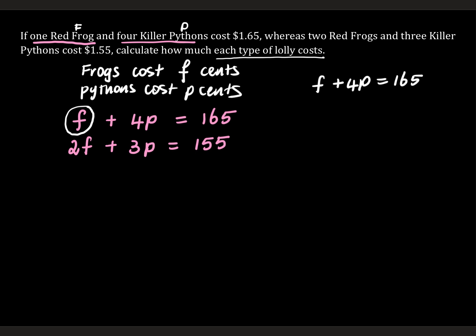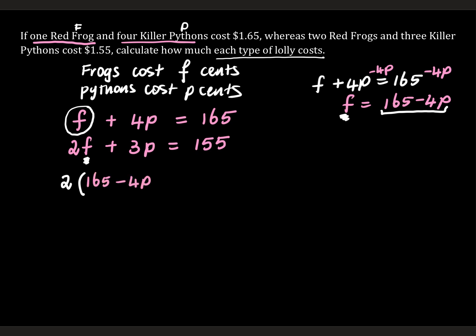I'm going to rearrange this so I can do substitution, I think. So F equals 165, take away 4P. That's what F equals. Can you see that? I can put it into there. Substitution, 2 lots of F, which is 2 lots of 165, take away 4P, plus 3P equals 155.